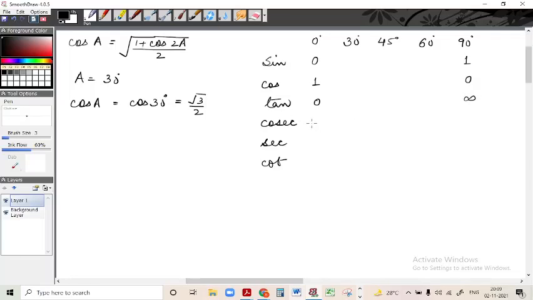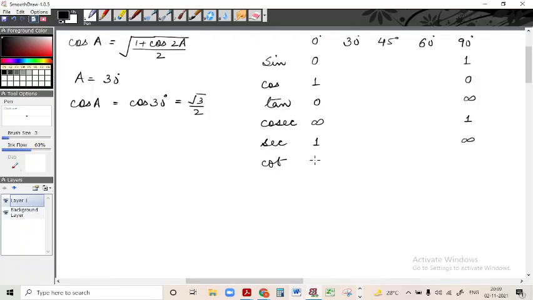Now cosec 0: cosec is the reciprocal of sine, so 1 upon 0 will be infinity. Cosec 90 is 1. Sec 0 is the reciprocal of cos, so this will become 1, and sec 90 becomes 1 upon 0, that is infinity.